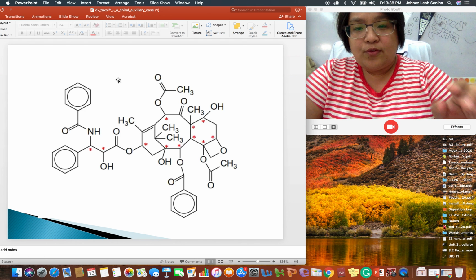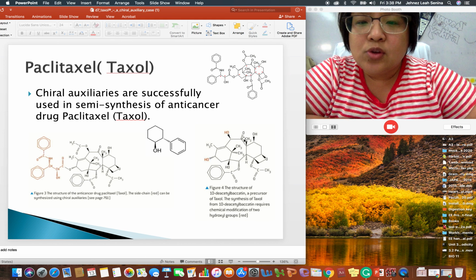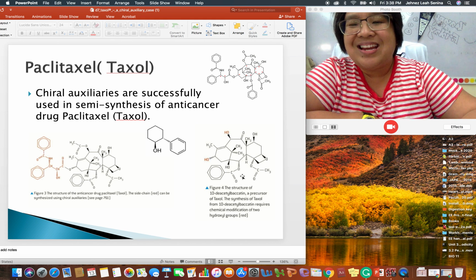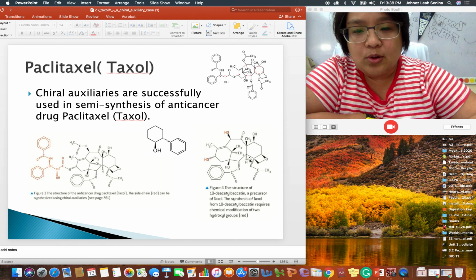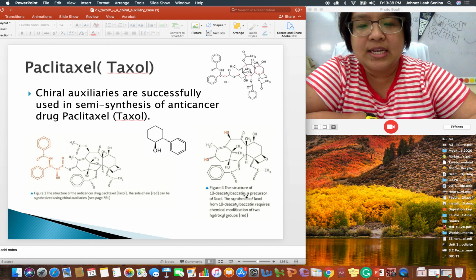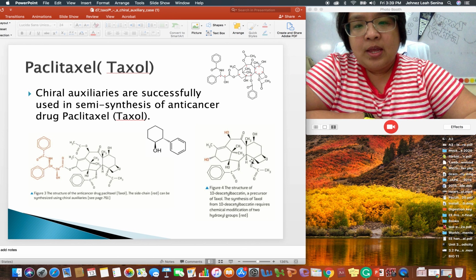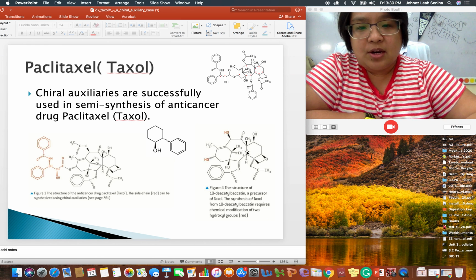Now, if we look at the diagram right here, this is the starting ingredient to make your Taxol. This is called 10-deacetylbaccatin, or 10-DAB. We use this as a starting material.